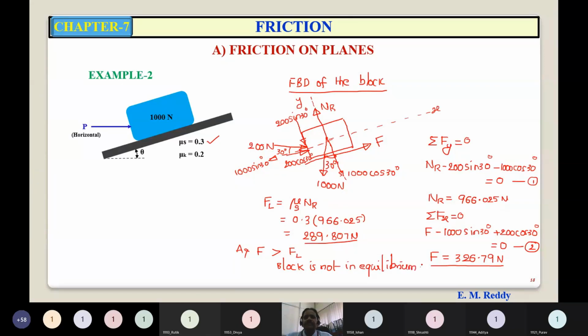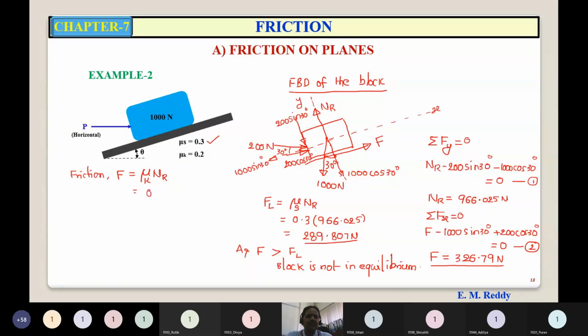Is it clear? When the block is not in equilibrium, that means it is moving. When the body is moving, the magnitude of friction force is given as coefficient of kinetic friction into normal reaction. So this F is the friction force.